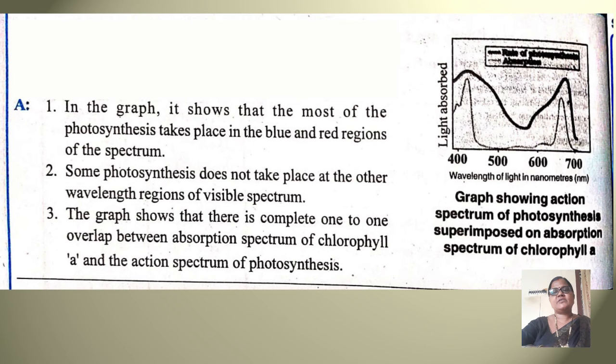The last one is the graph showing the action spectrum of photosynthesis on the absorption spectrum of chlorophyll A. This graph shows that most of the photosynthesis takes place in the blue and red regions of the spectrum.